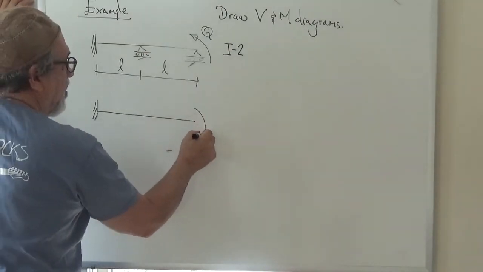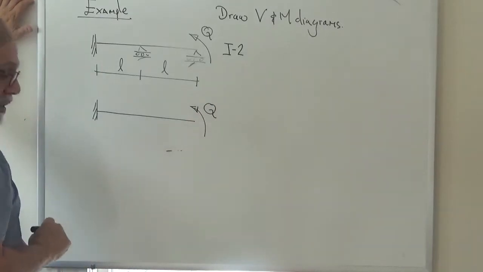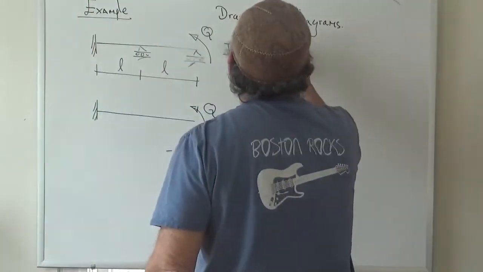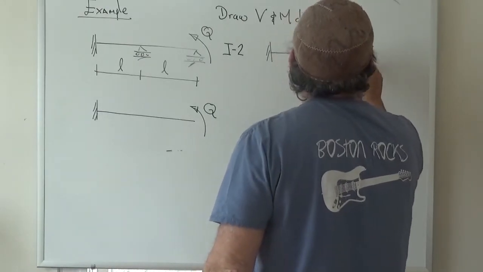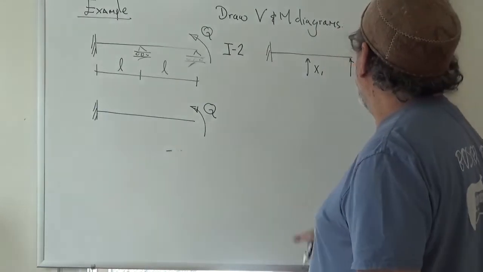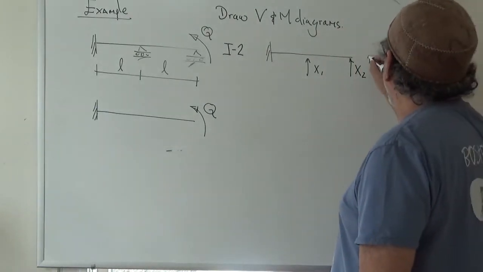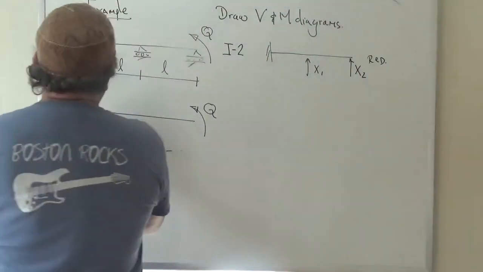That is the sketch of our loads with no redundants. Well, actually, let me draw them here quickly, just to not be so sloppy. So these are my redundants in the way I'm going to solve the problem. X1 and X2, right? Those are the redundants. So this is my P sketch.